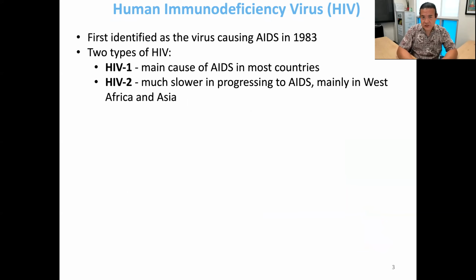AIDS is, of course, caused by viral infection. So this is absolutely an example of pathogenic infection leading to an immunodeficiency that is life-threatening. Remember before we said that immunodeficiencies can happen if you inherit certain alleles or genetic variations in important genes that code for any of the proteins normally involved in your immune system.